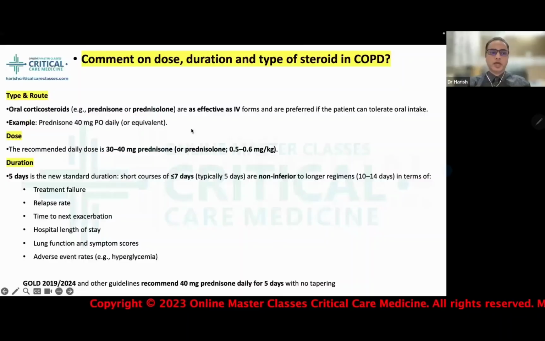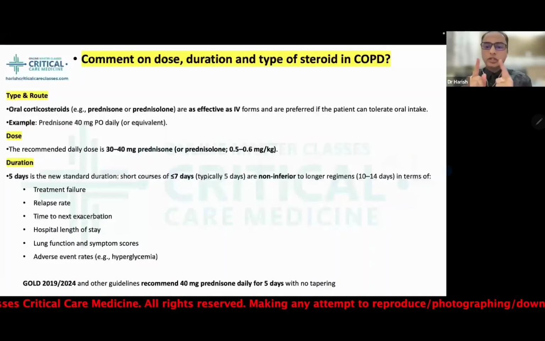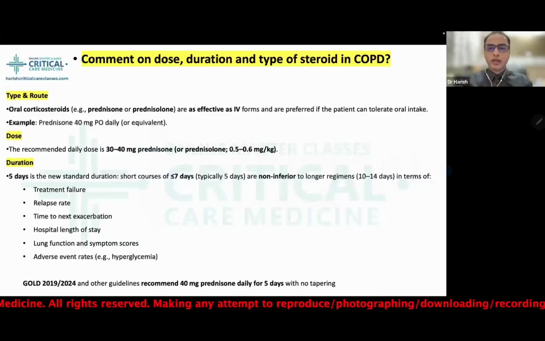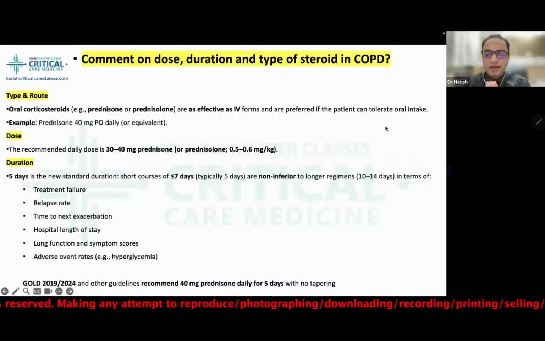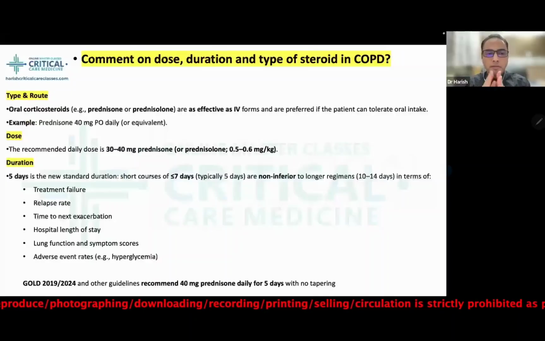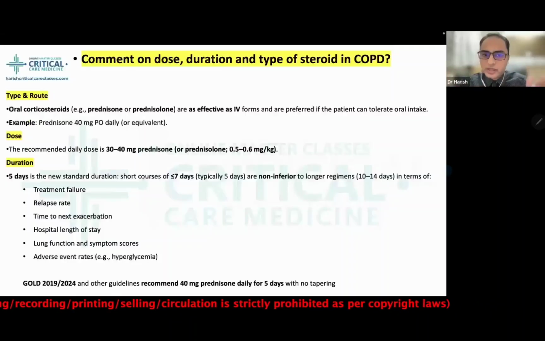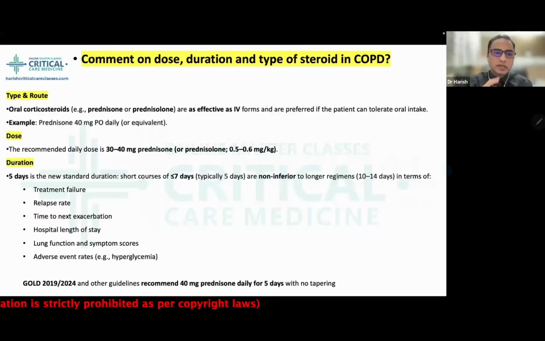That is very important. So type and route: oral steroids like prednisone or prednisolone are as effective as IV. Need not go for IV always, and oral is preferred if the patient can tolerate oral intake. Example, prednisolone 40 milligram orally daily or its equivalent, any steroid is fine. Even you can use hydrocortisone 100 milligram 8 hourly, which is equivalent to 40 milligram of prednisone.